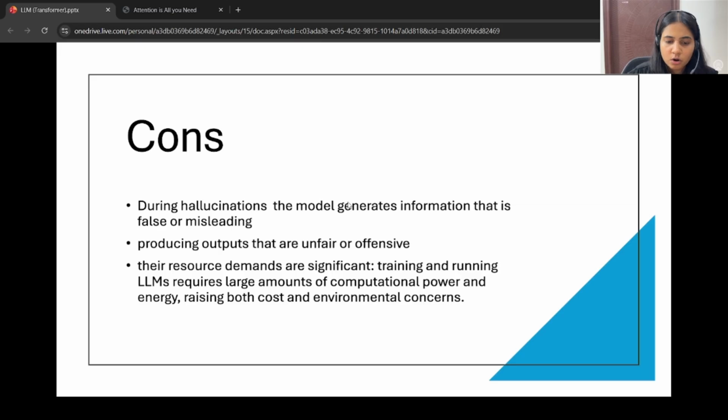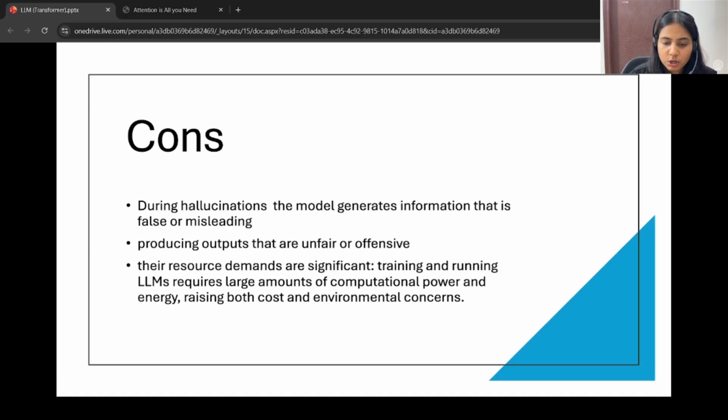What are the cons here? When we ask something, or try to build a memory for one chat, and we ask some questions and do some research, it can hallucinate, and the model generates information that is false or misleading. So we cannot rely 100% on the models. We have to know the particular terms or scenarios, and according to that decide whether we are getting the proper information or not.